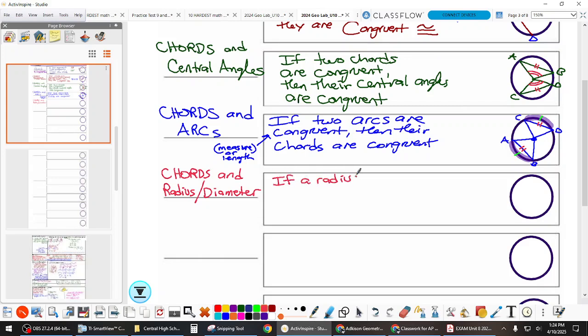So if a radius or diameter is perpendicular to a chord, it bisects the chord.